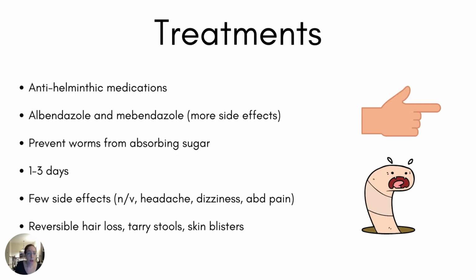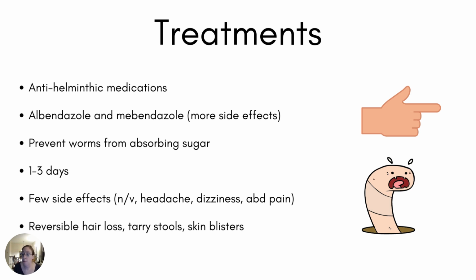All right, and so treatments. For uncomplicated cases, uncomplicated means that they haven't blocked anything up, they don't need surgery for somebody to go in and take out these worms, okay? Uncomplicated cases are usually treated with antihelminthic medications, so anti-worm medications. Albendazole and mebendazole are the most common that are prescribed.